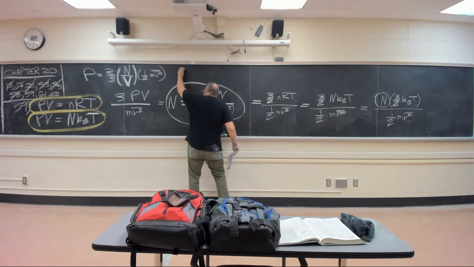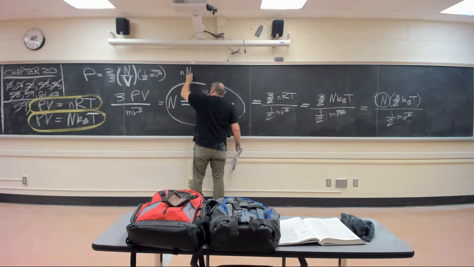So let's talk. Capital N. Let's say capital N is the number of moles times Avogadro's number.